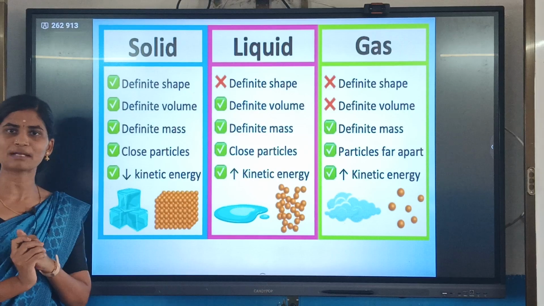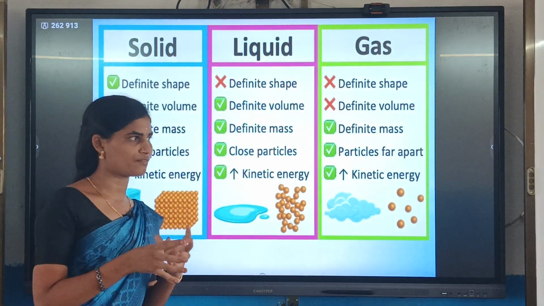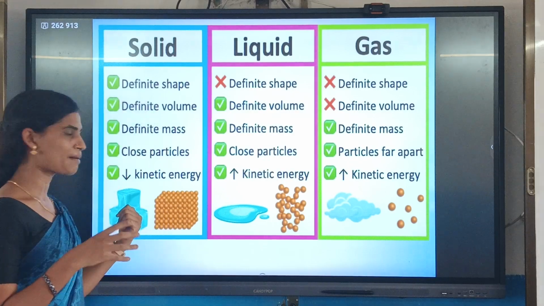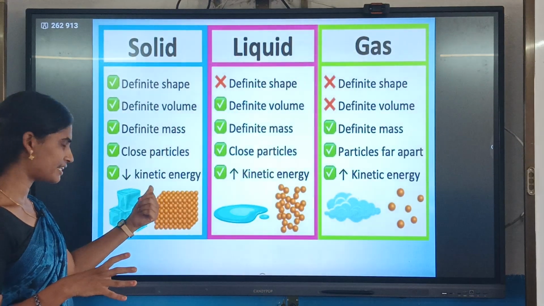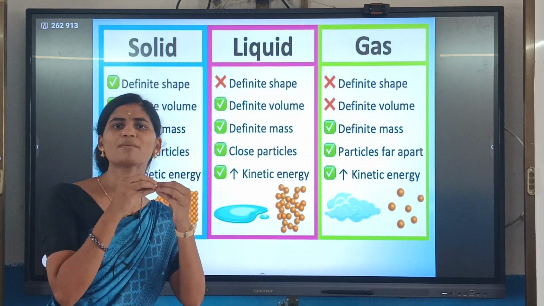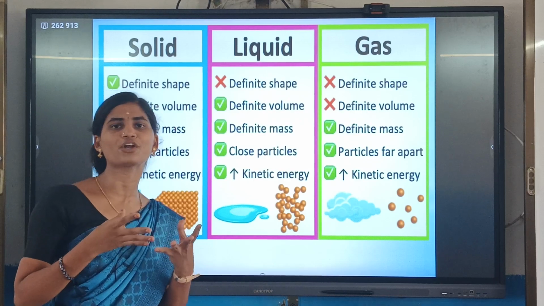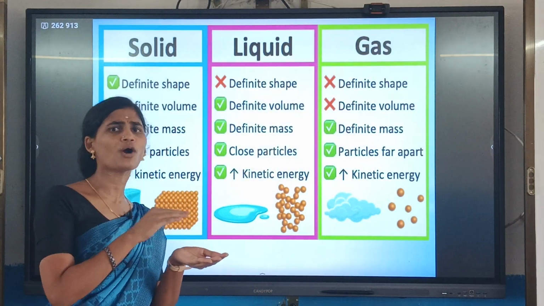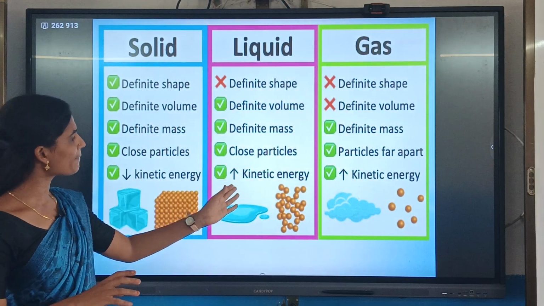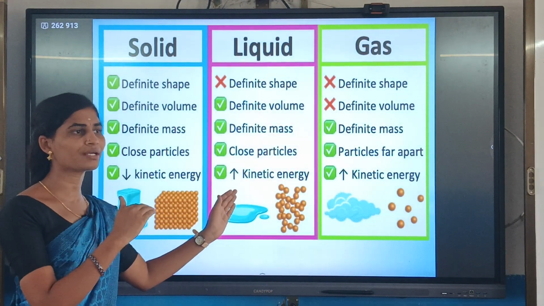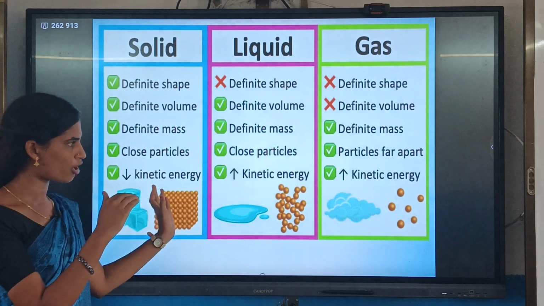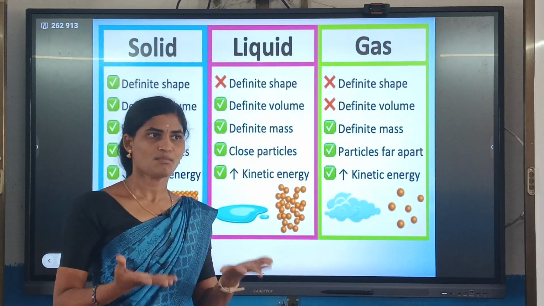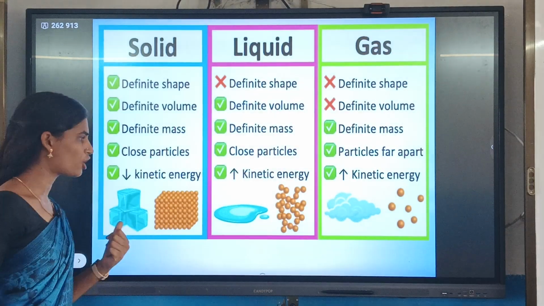Kinetic energy is the energy which a moving body has. For a solid, there is more force of attraction, so we cannot easily separate the particles, so it has low kinetic energy. A liquid has more kinetic energy than solids. And for a gas, the kinetic energy is more because the particles are bouncing.